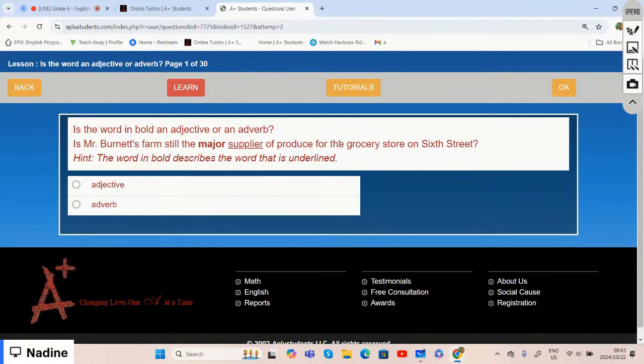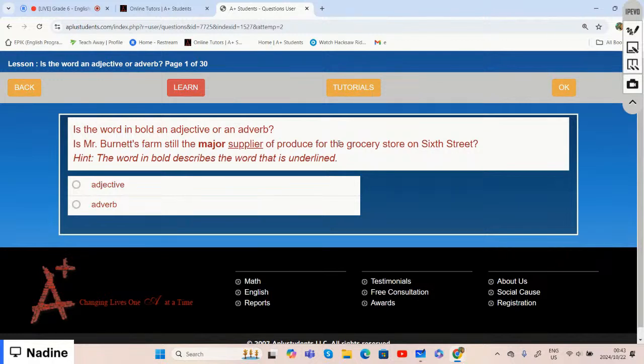And if we were to select the correct option, all right.